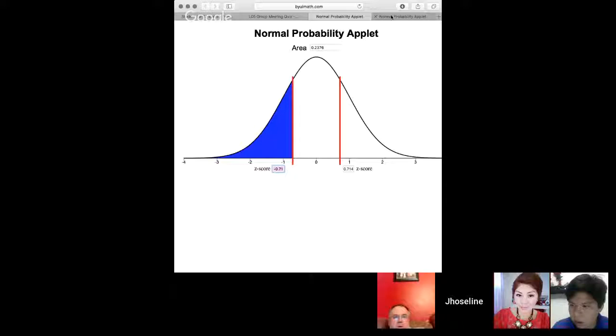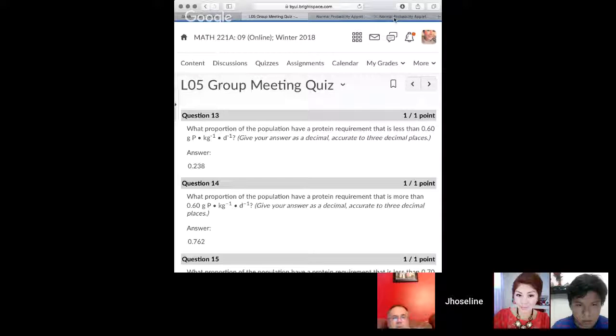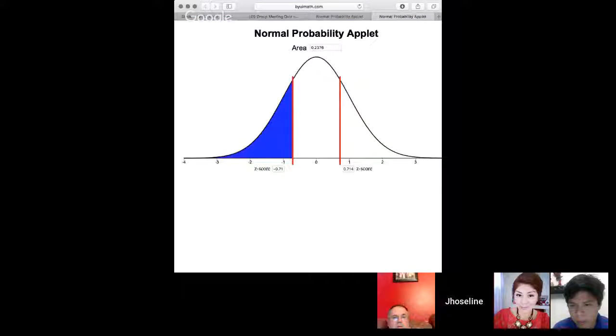And then, okay, the obvious one for the next one was I guess 0.762. Yeah. So the 0.762 was it? Actually, it comes to 0.524 or 0.525.